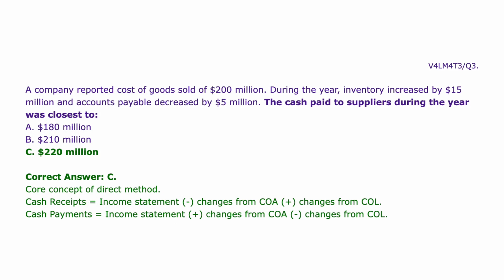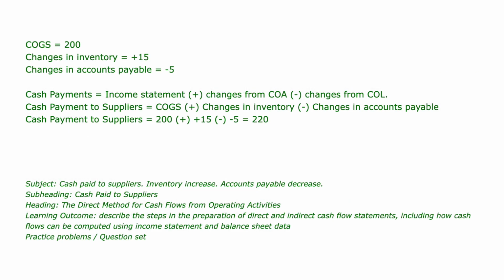Direct method core concept: cash receipts and payments based on income statement changes. Cash payments equals income statement plus changes from COA minus changes from COL. Cash payment to suppliers equals COGS plus changes in inventory minus changes in accounts payable.